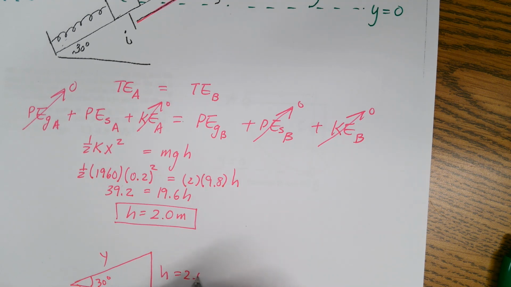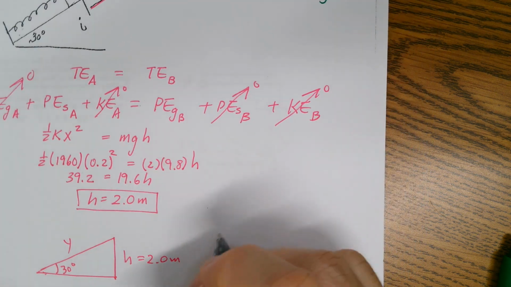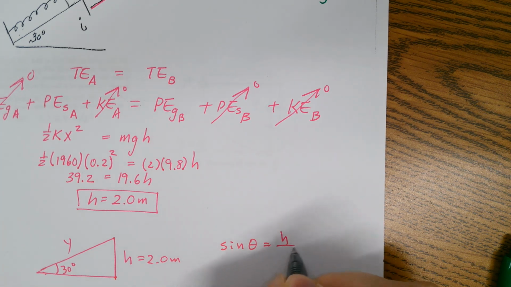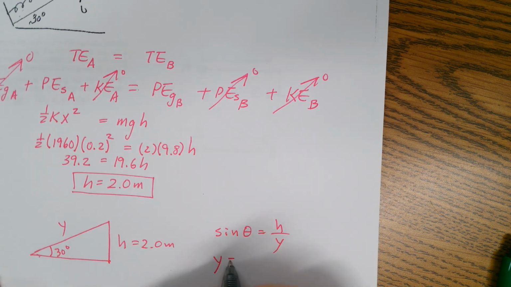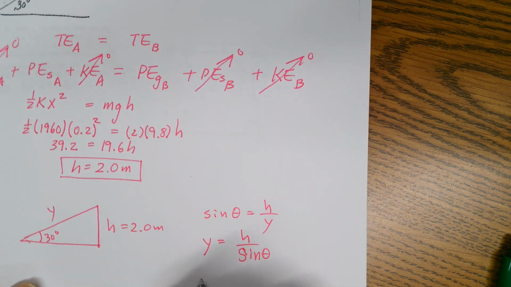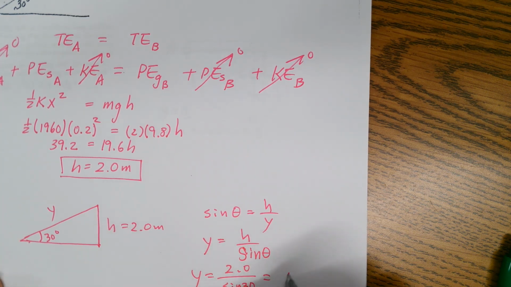So height happens to be 2 meters. So we know sine of theta is equal to h over y. So y is equal to h over sine of theta. So y is equal to 2 over sine of 30, and therefore that is 4 meters.